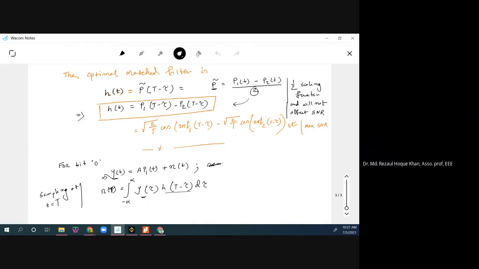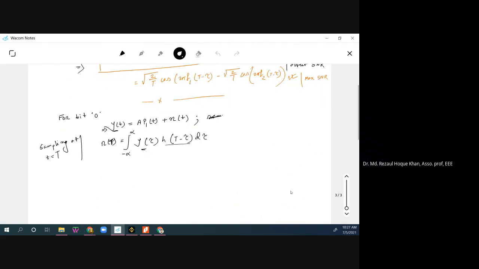Okay, so we will replace these values, integrating from minus infinity to plus infinity. We know y(tau) should be A p1(tau) plus n(tau), multiplied by h(t minus tau).